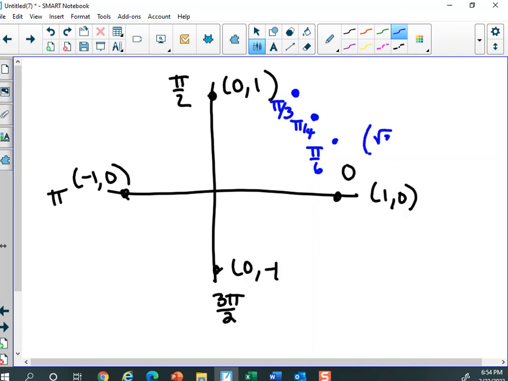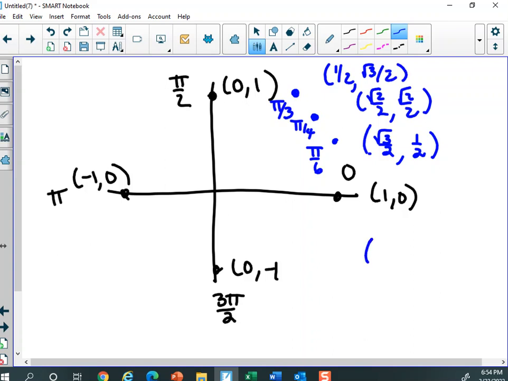Pi over 6 starts with the biggest x, and then the smallest x. And remember, our ordered pairs are cosine, sine. Okay, this can help us.